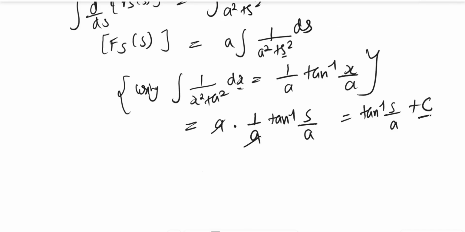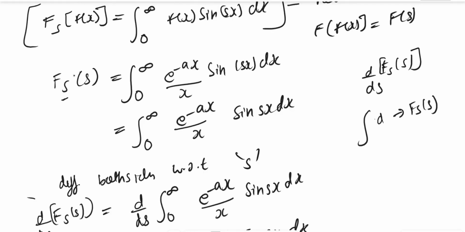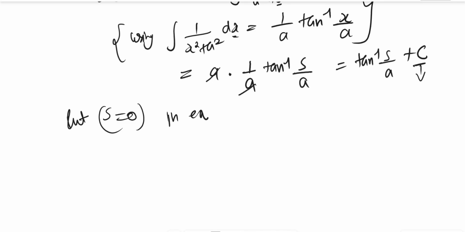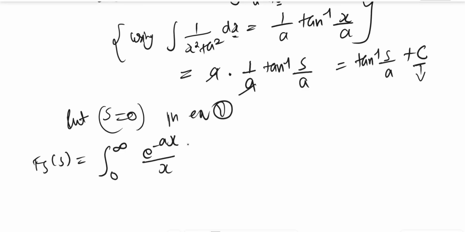Now we need to find this unknown value, for which we take s is equal to 0, which we will put in this equation. Mark this as 1. Putting s as 0 in equation 1, which was F_s(s) is equal to the integration from 0 to infinity of e raised to the power minus ax divided by x, sin sx dx.